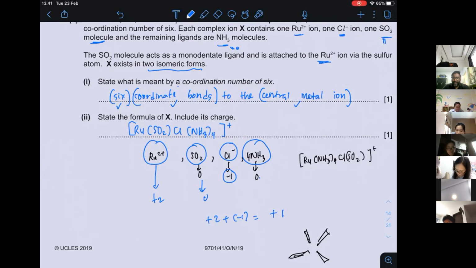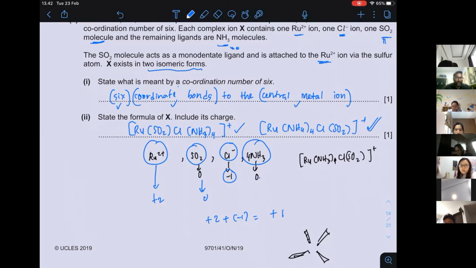If you are wondering whether it matters if I put it like this, in the marking key they put Ru, then after that ammonia, they put 4, and then they put Cl, then they put SO2, bracket, they put it like this. Now it depends, it's relative. If I'm examining you, I will give you this correct, but the correct way to write this is this one.